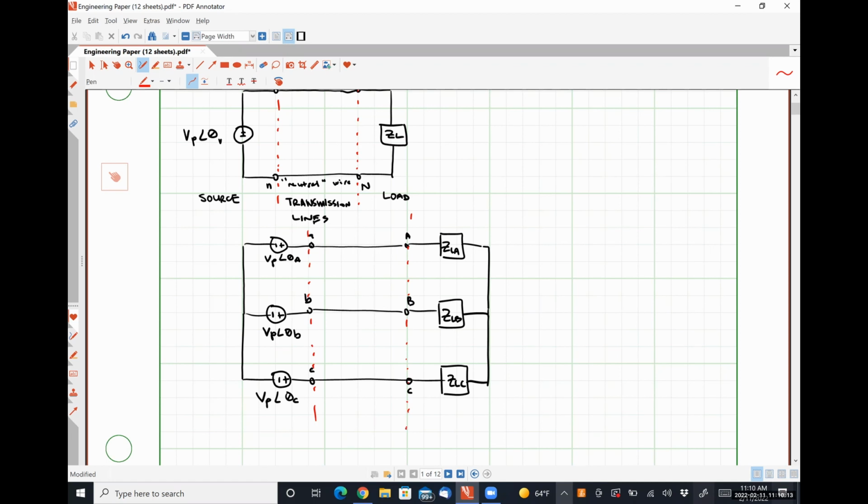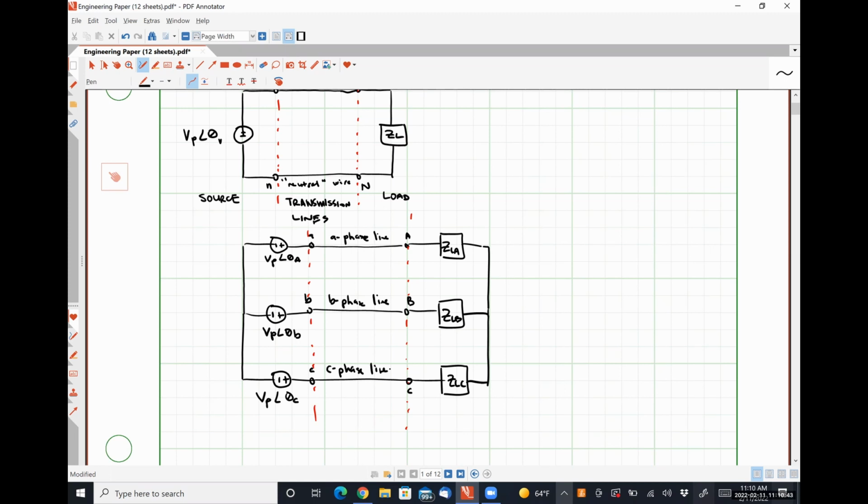Source on the left-hand side, load on the right-hand side, transmission lines in the middle. And in this system, we're going to have an A phase line, a B phase line, and a C phase line. Our transmission line section.